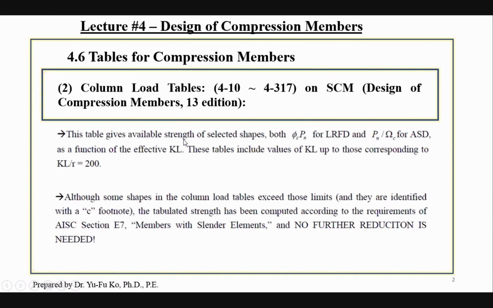It's not KL over r. Because this table, by default, already considers the r based on minimum radius of gyration. So what you need to input is just KL. The L is the height of the column, K is the effective length factor.